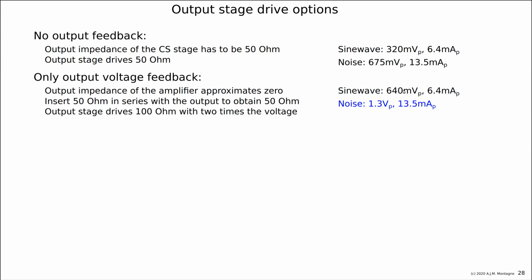So it's not really a showstopper, but if we have to deal with this, then we probably would need to take measures in the sense of making a matching network or a transformer.